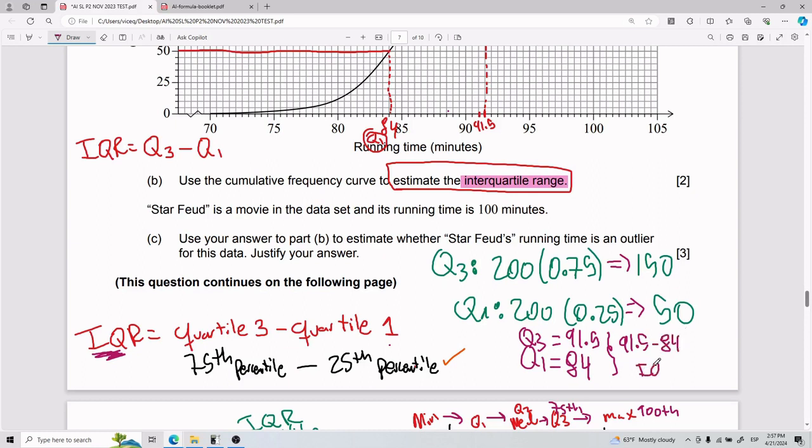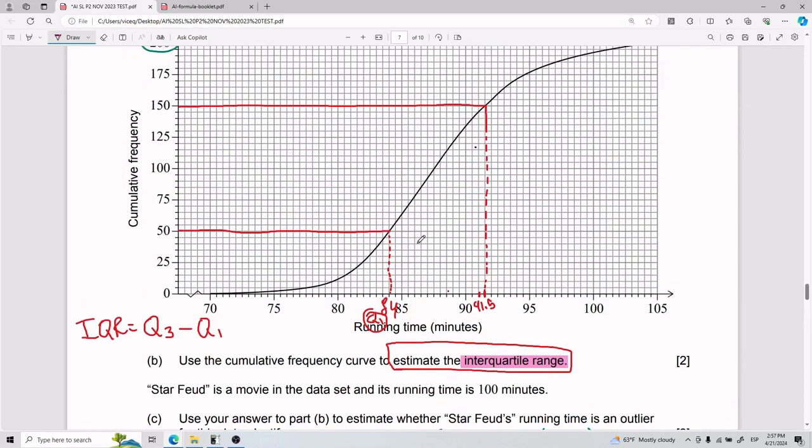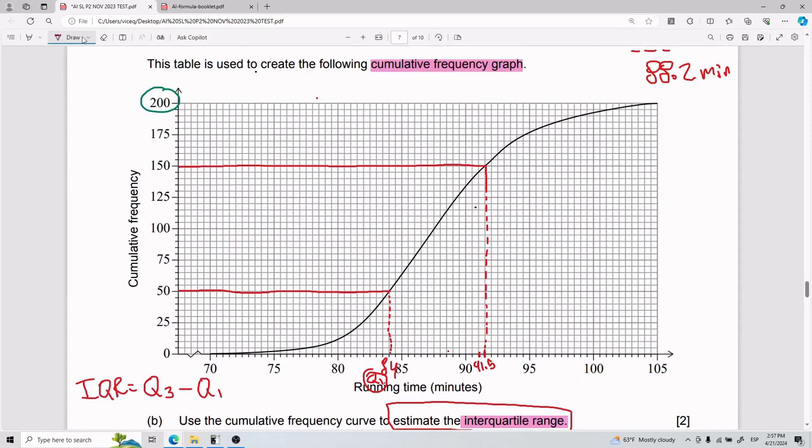Your IQR is 7.5 minutes. All right? So again, not that hard, but you do need to understand how to get Q1 and how to get Q3. The cool thing about this graph is that it's easy to read. It helps you find your Q1, your Q2, your Q3, the location, and then you just have to find its corresponding running time.